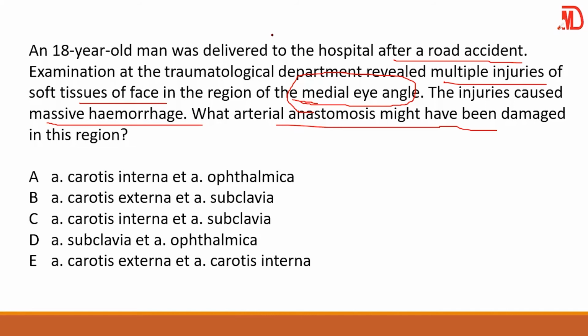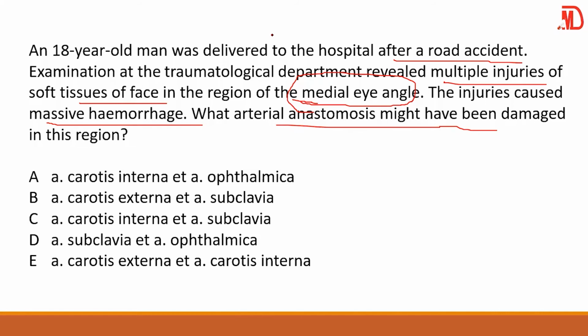Over here, we're talking about the angular artery around the medial eye. From the name angular, that's the angle, the area. So this is what we call the angular artery. This is the terminal segment, the last segment, of the facial artery, which branches into the medial angle of the eye.